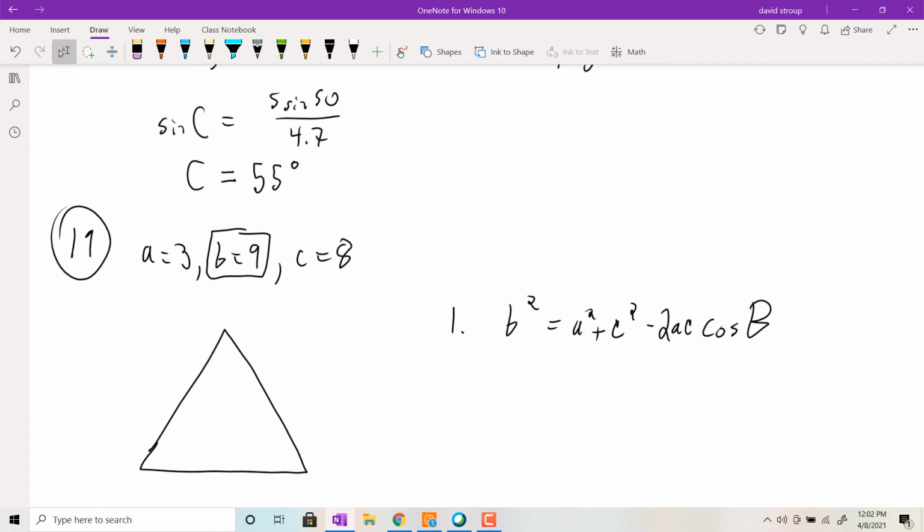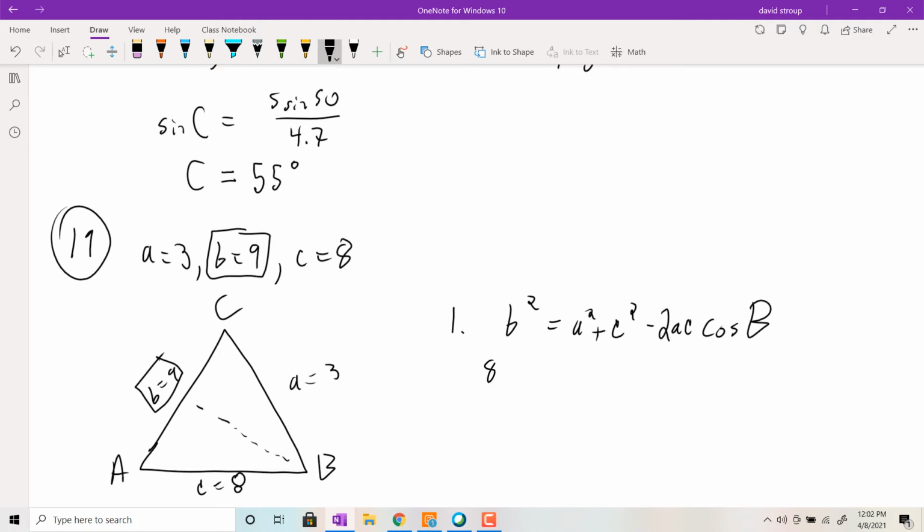Okay. We can still draw the picture if you're not entirely convinced. A, B, C, and then little b is 9, little a is 3, and little c is 8. Okay? So the angle we want to first go for is the one opposite the longest side. Okay, so let's plug and chug.